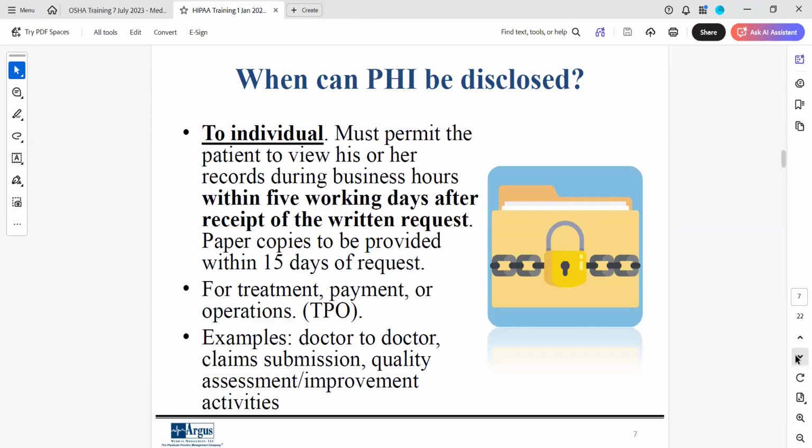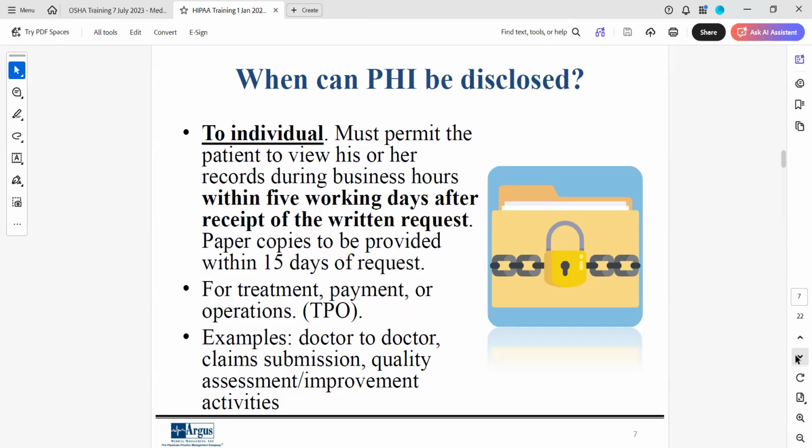You can also disclose this information when it comes to treatment of the patient, payment of the services rendered, or other general operations in order to take care of that patient's care. So, for example, doctor to doctor is okay to share the information if you are both managing this patient's care.